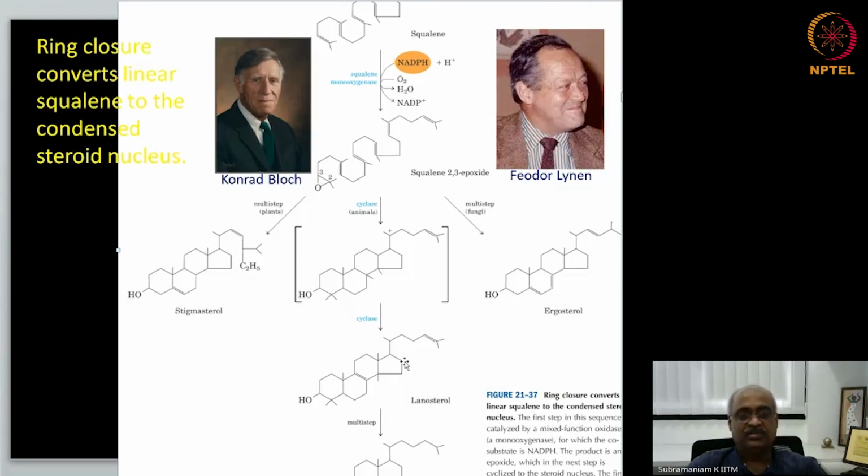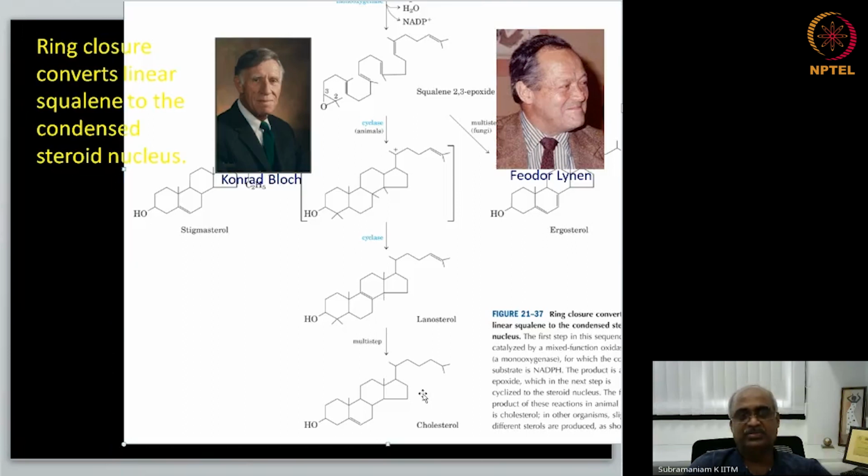So you have the characteristic steroid nucleus. So these 4 carbon rings are called the steroid nucleus. And because of the presence of this alcohol group in all the sterols that exist in the biological system, they are called sterols: cholesterol, lanosterol, stigmasterol in plants and ergosterol in fungi, and cholesterol in animals.